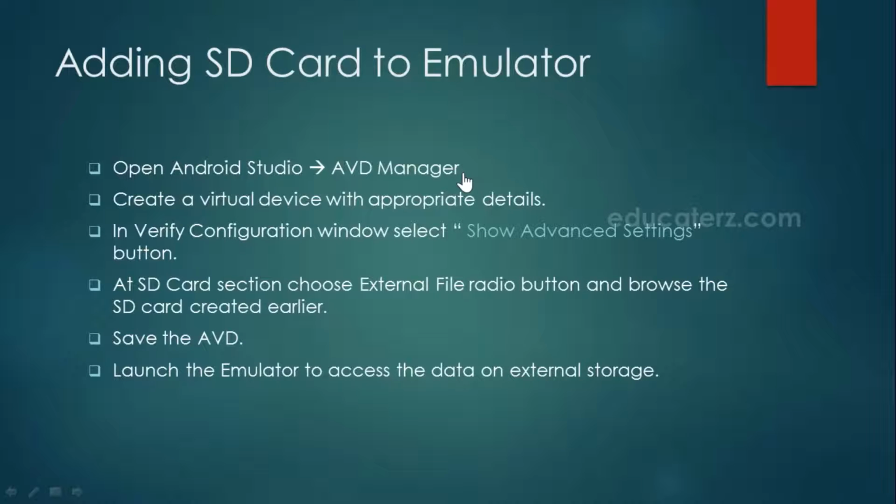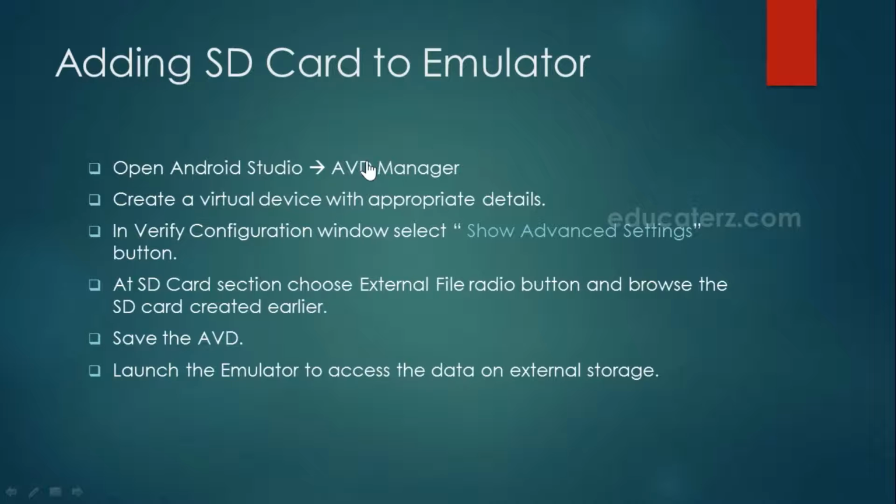After creating a virtual SD card and injecting some data into it, we have to make it available on the device. It's like purchasing a new SD card for your mobile, saving some data on it, and placing it in your mobile. The same way, here we are going to put it on a virtual device.